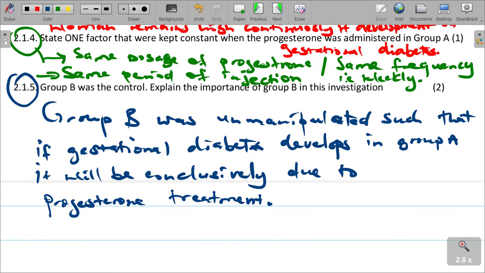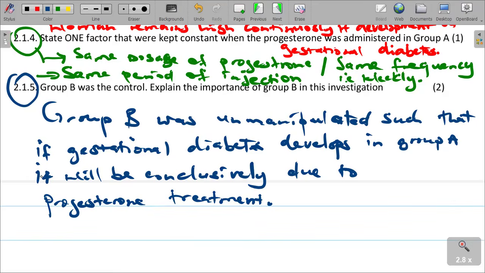So basically, class, what you need to know is that a control in an investigation is always used as a standard of comparison of results, so that we can understand that the changes are strictly caused by the factor under investigation.